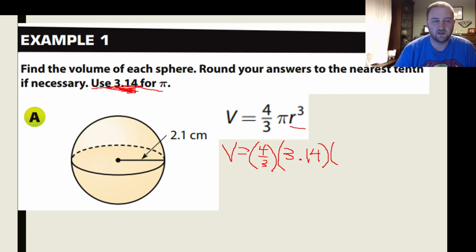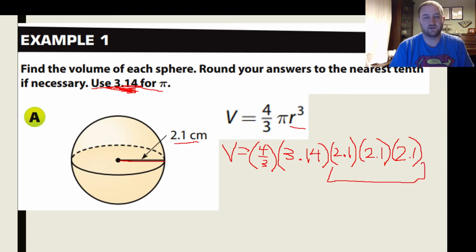So our radius here is 2.1. This is halfway across, that's our radius. So it's going to be times 2.1 times 2.1 times 2.1. This right here, that's 2.1 cubed. It's 2.1 times 2.1 times 2.1.